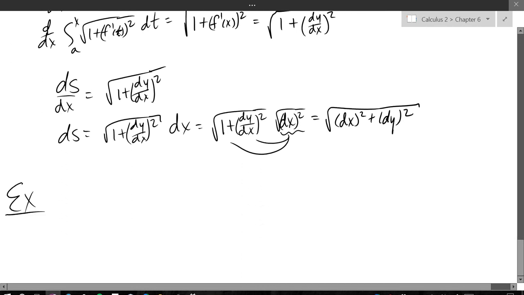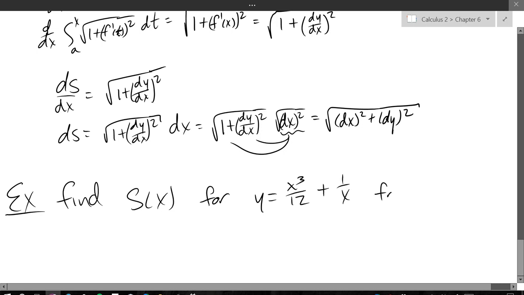So we'll do one last example in this section. Find S of x, the arc length function, for our second example, which was y equals x cubed over 12 plus 1 over x, from the point (1, 13/12) to, so last time we went to the point (4, 67/12), but now we're going to go to (x, f of x).